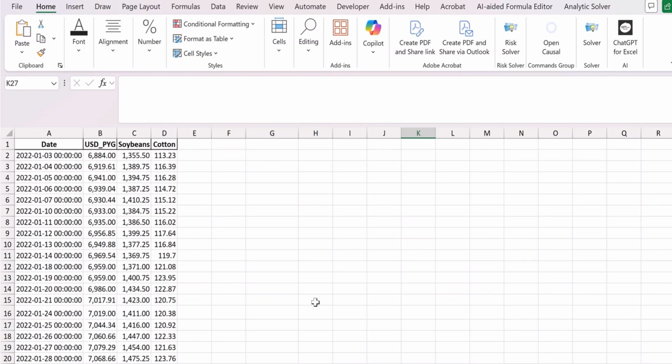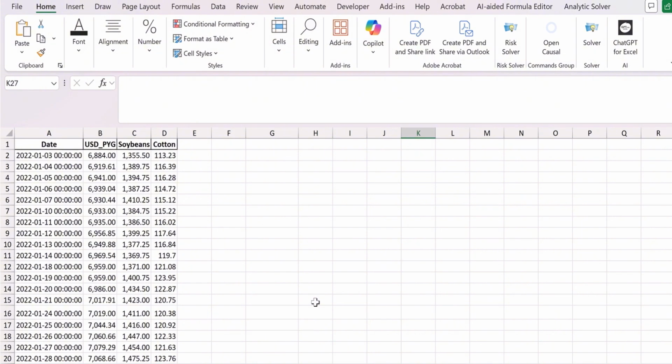I am an independent researcher in finance and economics with a focus on exchange rates, commodity-linked currencies, and applied econometric analysis in emerging markets. In this video, I analyze the relationship between Paraguay's exchange rate, measured as US dollars per Paraguayan guaraní, and international soybean prices, one of Paraguay's most important export commodities.